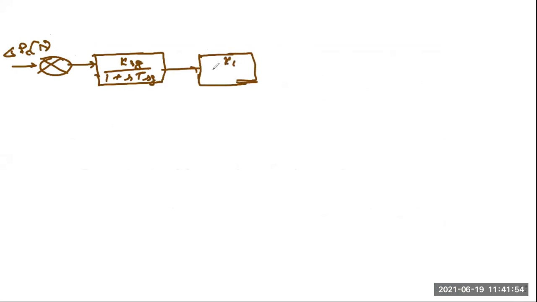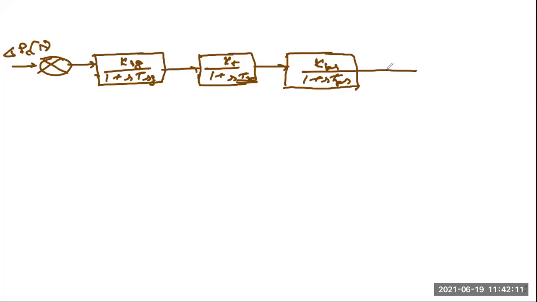This is KT by 1 plus STT. And this comparator we have removed. So now this particular block is KPS by 1 plus STPS. And then this is your frequency feedback, that is delta Fs.